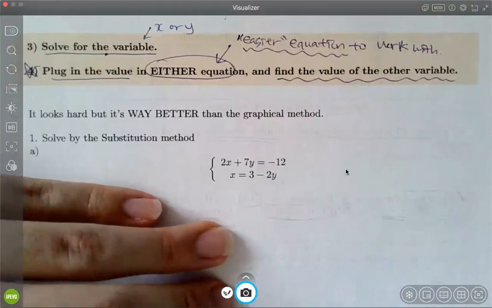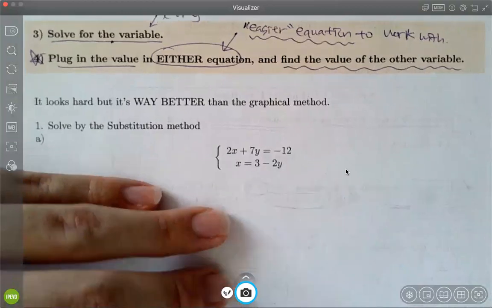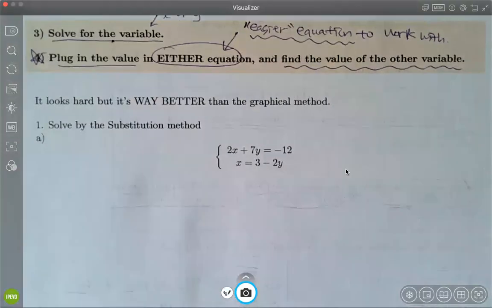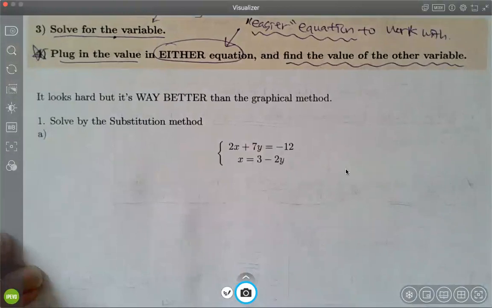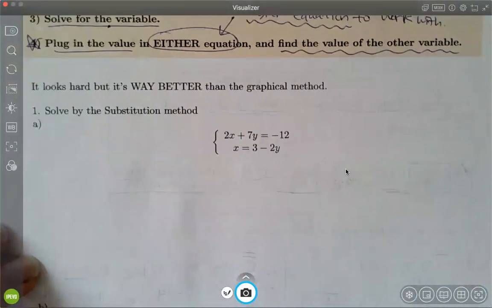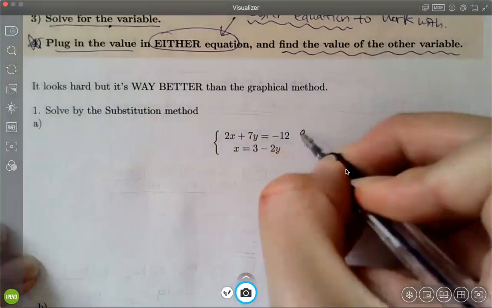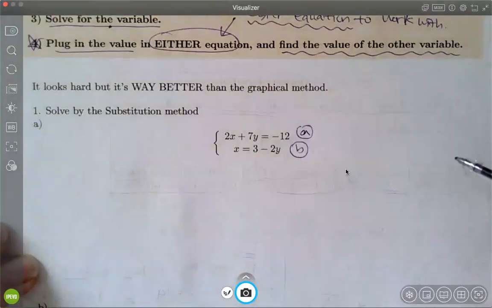Okay, so now let's do a few problems. Solve by the substitution method: 2x plus 7y equals negative 12 and x equals 3 minus 2y. What I typically do is label each equation as A and B, instead of denoting them as top and bottom.